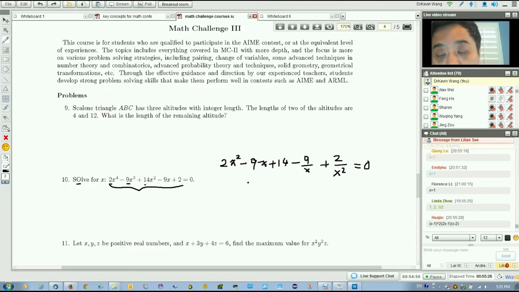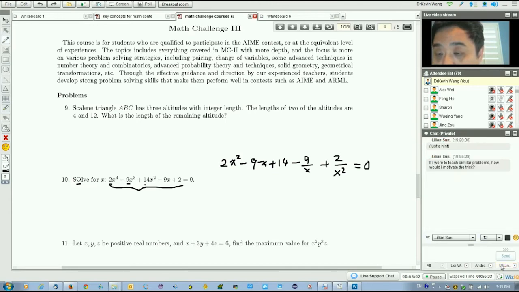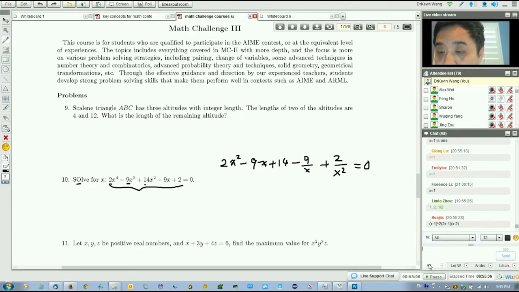If you recognize x equals 1 as a solution, you can continue. But for those of you who want to follow my procedure, please go on to look. Okay, so let's go on to finish this one.